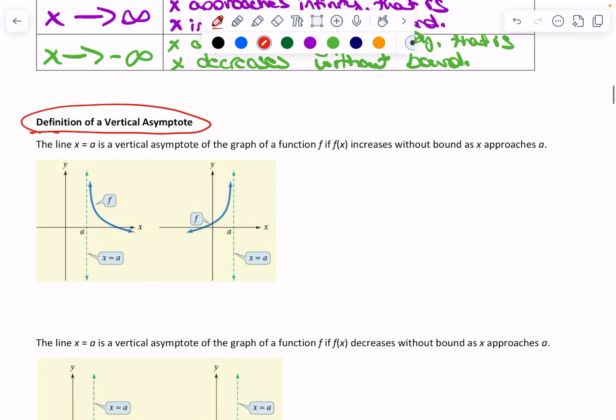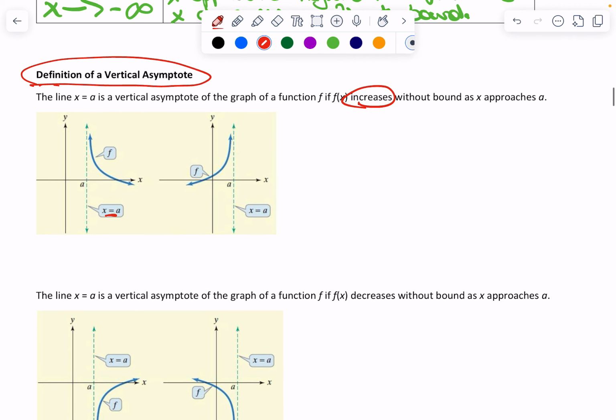Okay, and where we're going to use these is what's called asymptotes. So the line x equals a is a vertical asymptote of the graph of a function f if f of x increases without bound as x approaches a. So what this means is that as x approaches from the right, f of x approaches infinity.